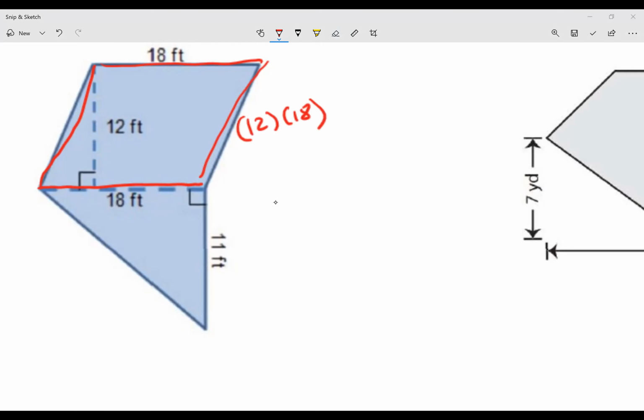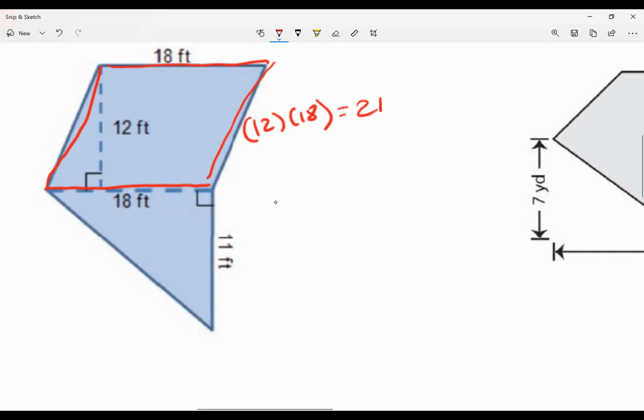Use a calculator if you need to. 12 times 18 is 216. In this case, 216 feet squared, but I'm just going to worry about the number. So 216. Again, I just saw the parallelogram on top.